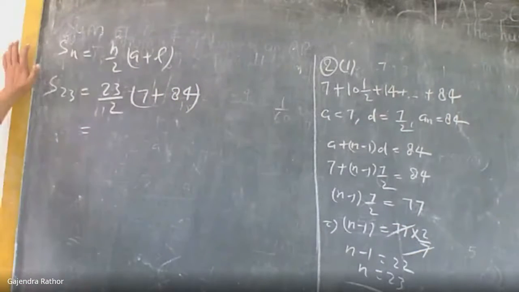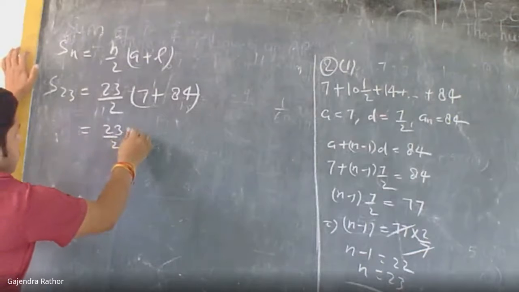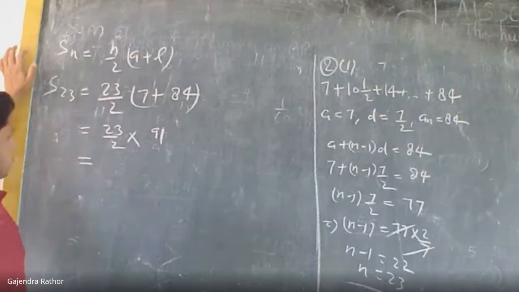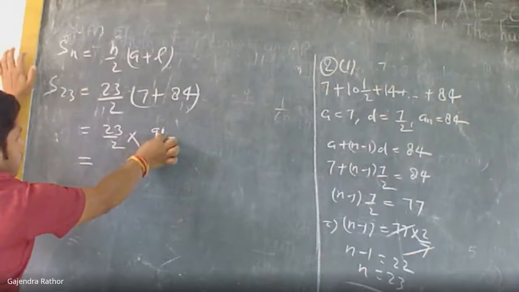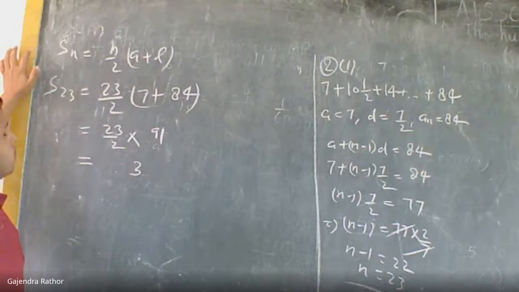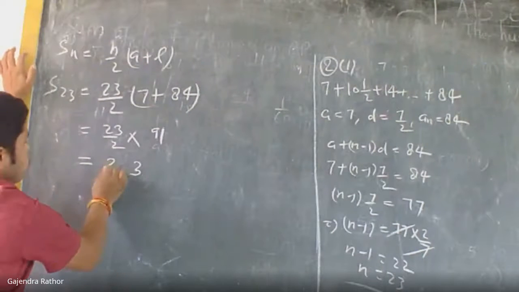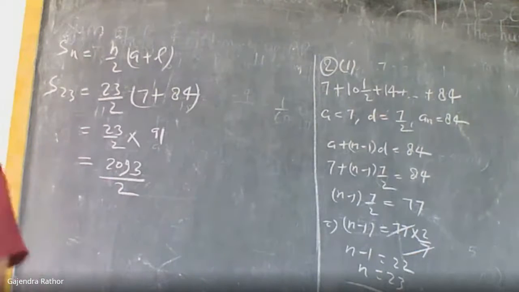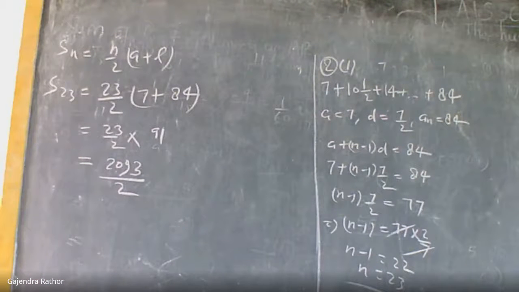So add these two numbers, 23 by 2 multiply 84 plus 7, this is 91. Multiply 23 by 91, 3 1s are 3, 3 9s are 27, 207 plus 2, 209, divided by 2. Now we can convert this value into a fraction, or we can also convert it into a decimal or mixed fraction.